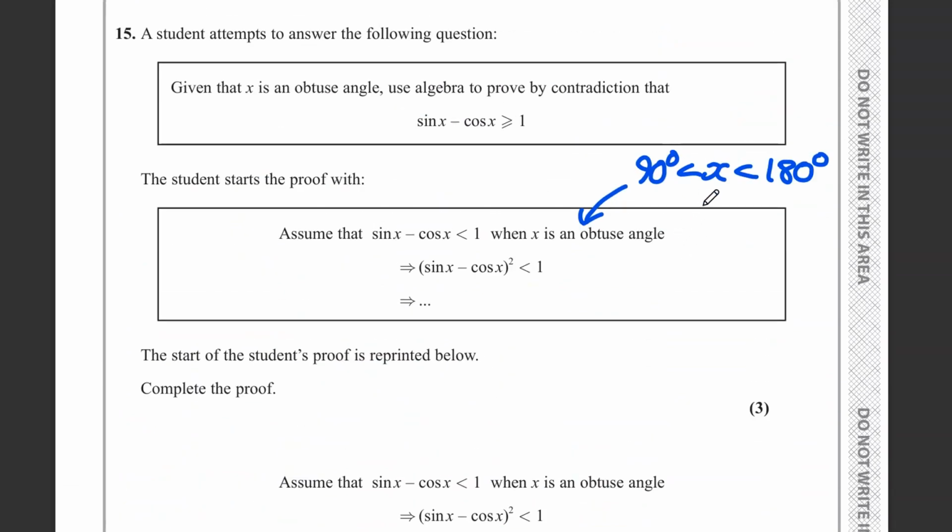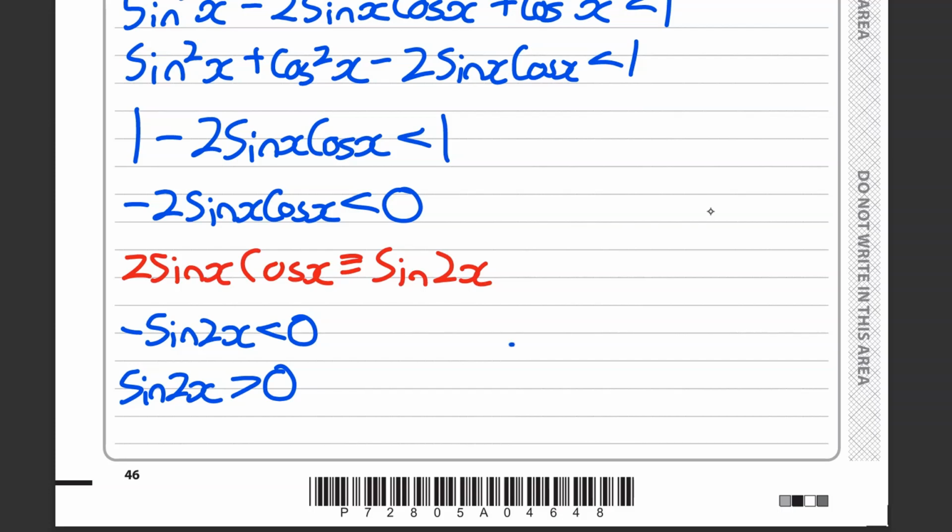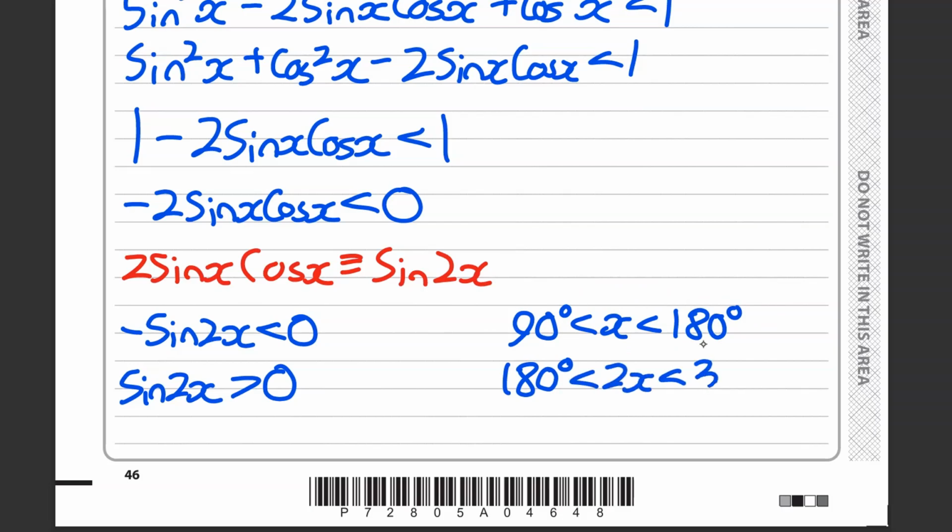Now x is between 90 and 180 degrees. Now in the trig function here we have 2x. If we multiply everything here by 2, this will now be 180 degrees, this will be 2x, and this will be 360 degrees.